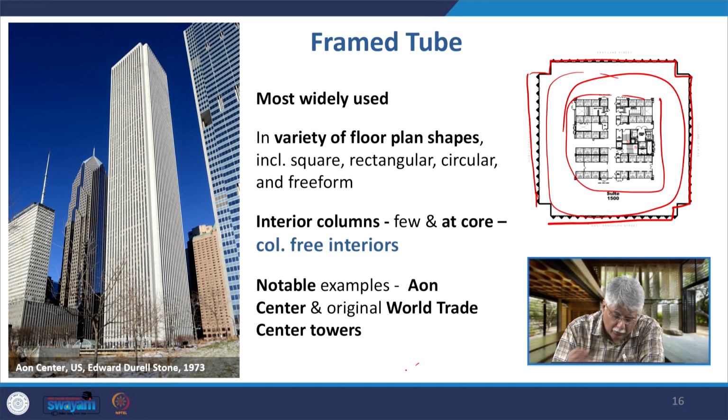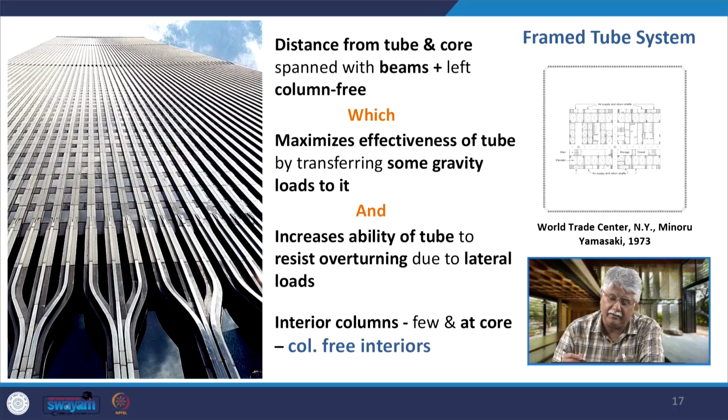Now this was also true in the World Trade Center towers. This is the plan of the World Trade Center tower, where again you find these closely spaced columns and spandrel beams, a very dense mesh forming the tube on the outer periphery.